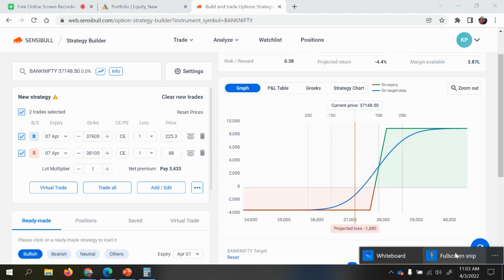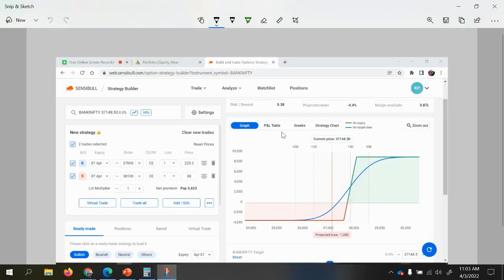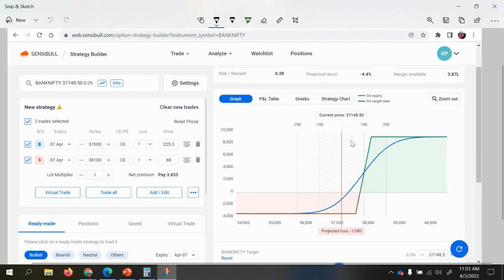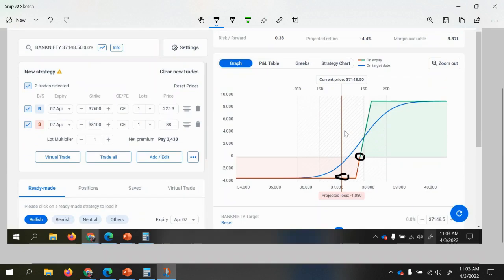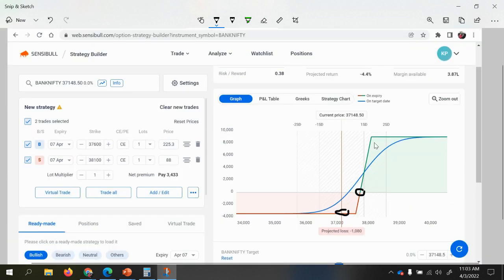Let me capture this screenshot. See, this is where the market stands. This is my break even. This is my bought leg and this is my sold leg.